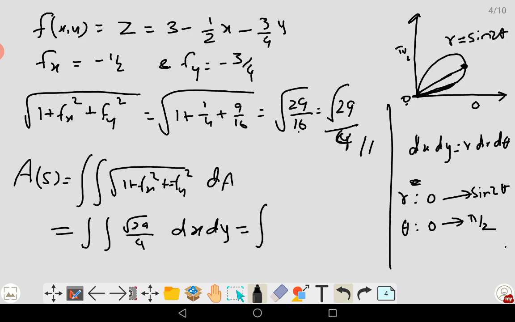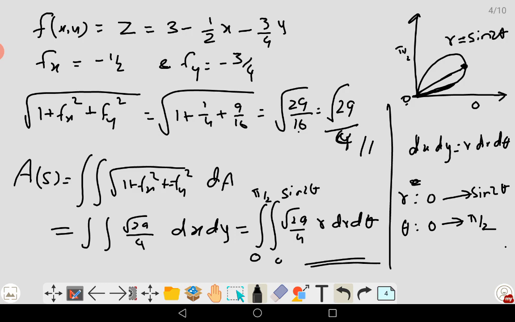So this will be a double integral. This is square root of 29 over 4 r dr d theta, and the outer integral is theta, so the outer limit is 0 to pi over 2. The inner limit is for r, 0 to sin 2 theta. We have to integrate this one to get the area. That's it.